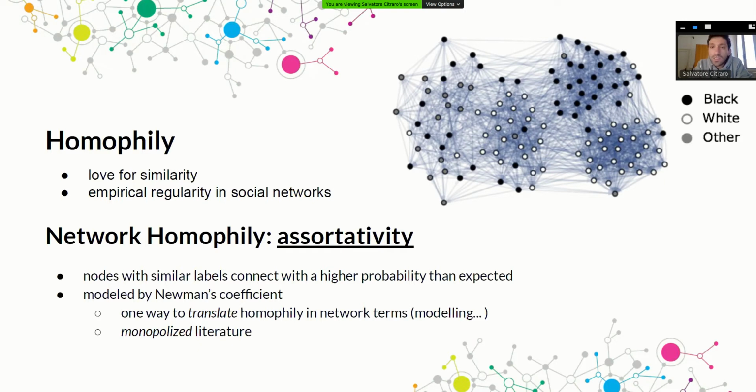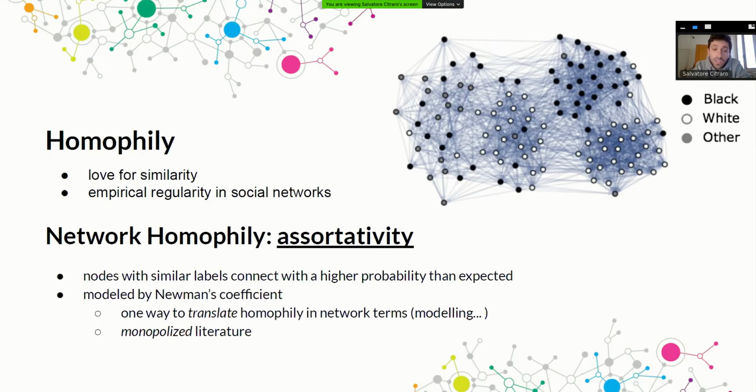For instance, here we have a social network where each node is labeled according to the ethnicity, and we can see some kind of segregation here. In network language, this graph is assortative with respect to the ethnicity attribute.